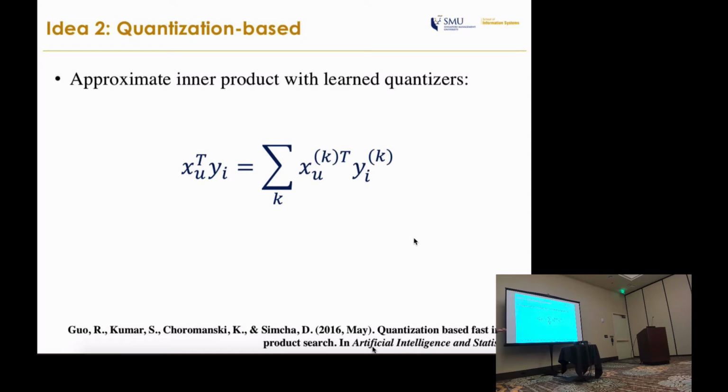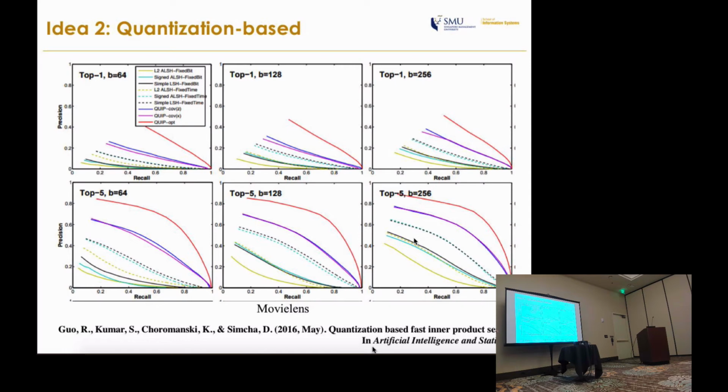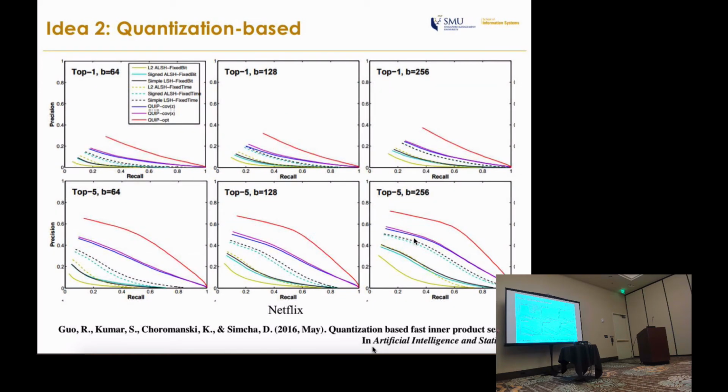So this is the quantization-based approach, and apparently they give better results even compared with our locality-sensitive hashing schemes in terms of recall and precision. This is a result for the Netflix dataset.